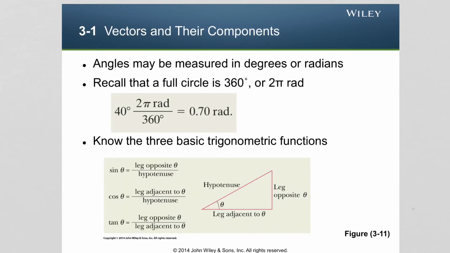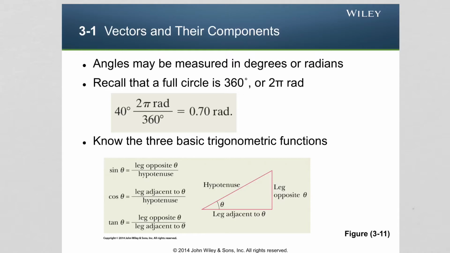The angles, when we calculate vector components, can be measured in degrees or radians. Typically, in problems that involve linear motion and certain rotational problems, degrees are used. However, in some situations, such as wave phenomena, radians are preferred.